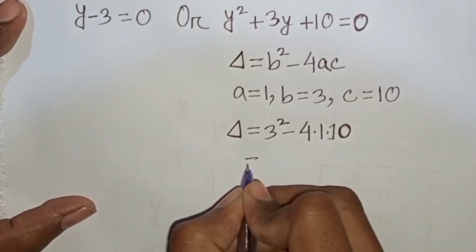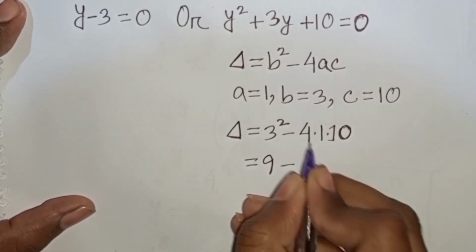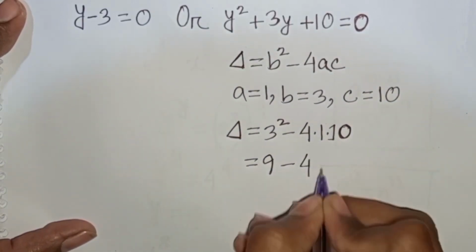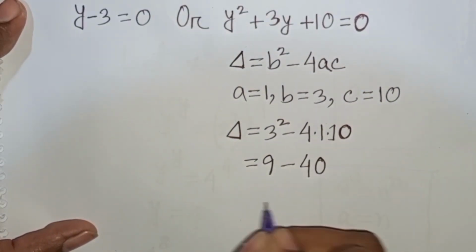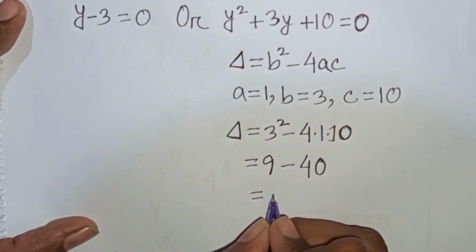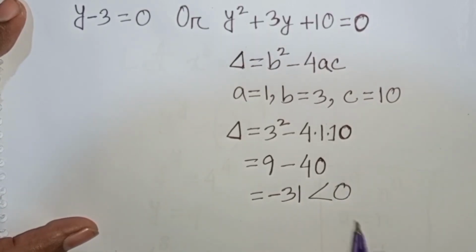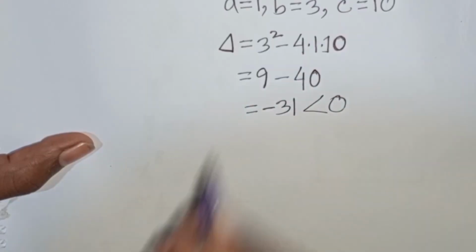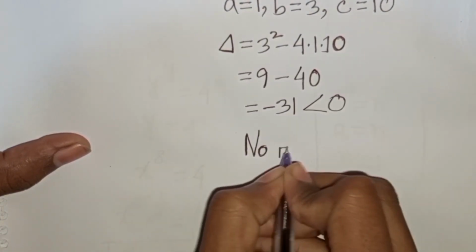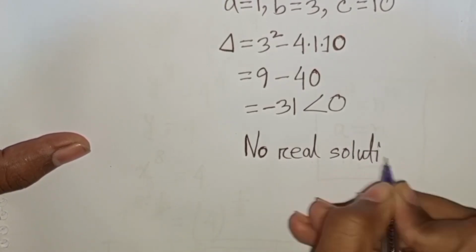Now it is equal to 3 square is the same as 9, then minus 4 times 1 times 10, that means 40, then 9 minus 40, that means minus 31. So minus 31 is less than 0. So here no real solution.